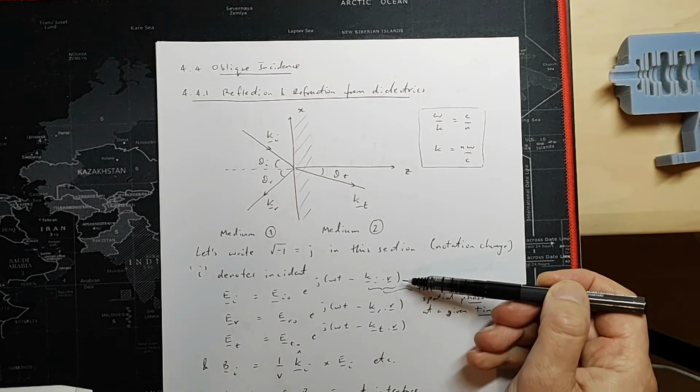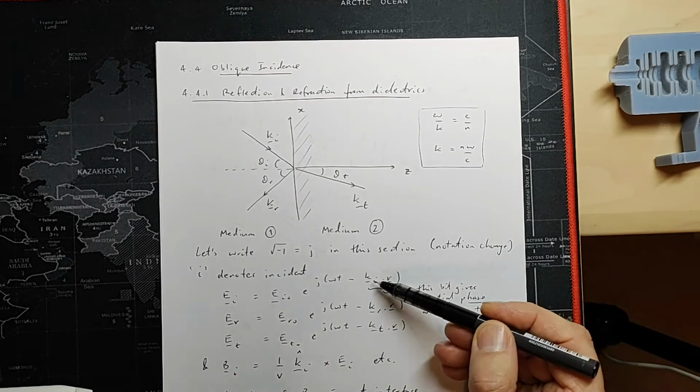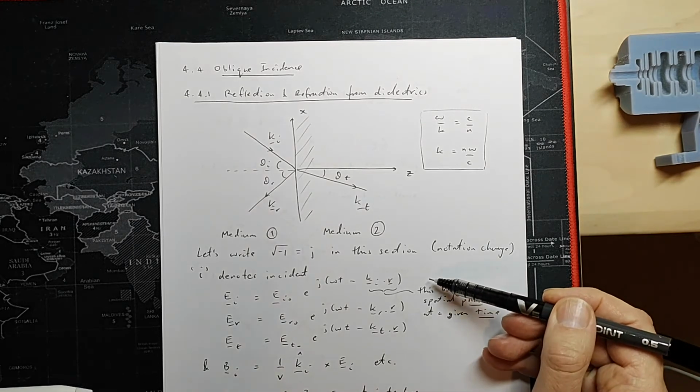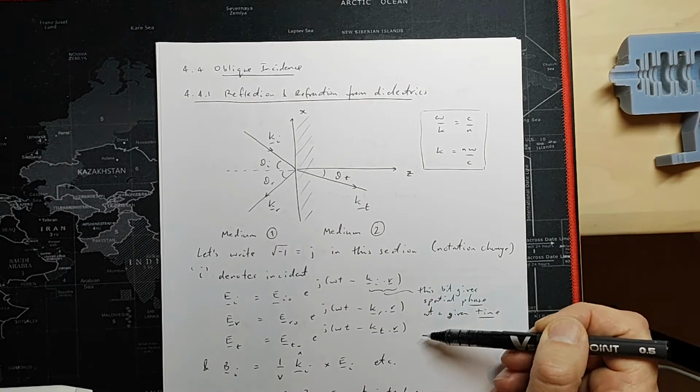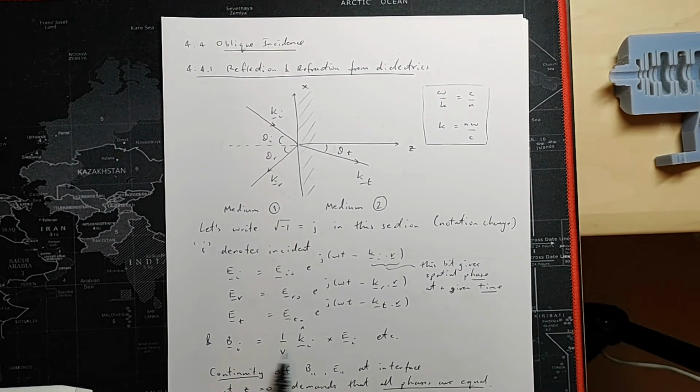So for each of the wave components, the incident, the reflected and the transmitted, they have a magnitude and of course a corresponding direction given by this constant value, and they also have corresponding phases at any location given by the dot product of the wave vector direction with the location at which we're observing. And of course, if we know the electromagnetic waves, we know their electric components, we can work out their magnetic components by taking the cross product of the electric field with the wave vector.